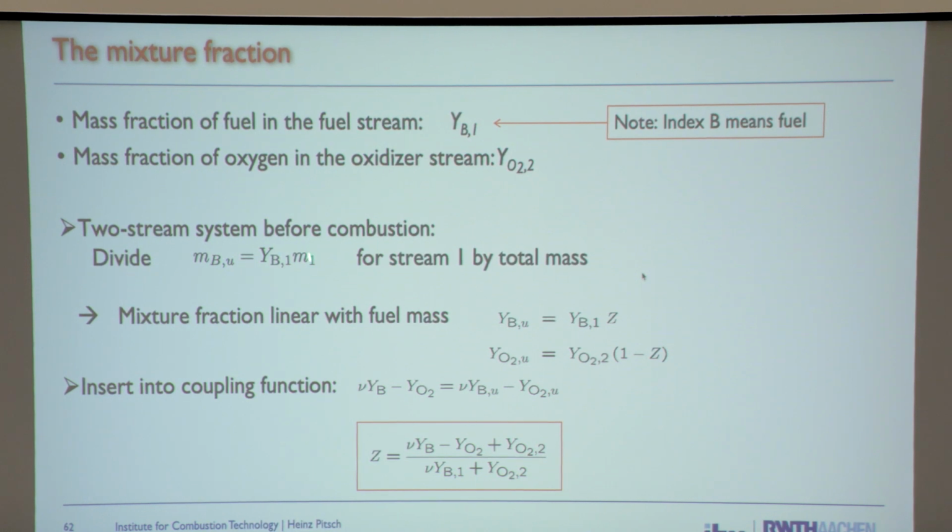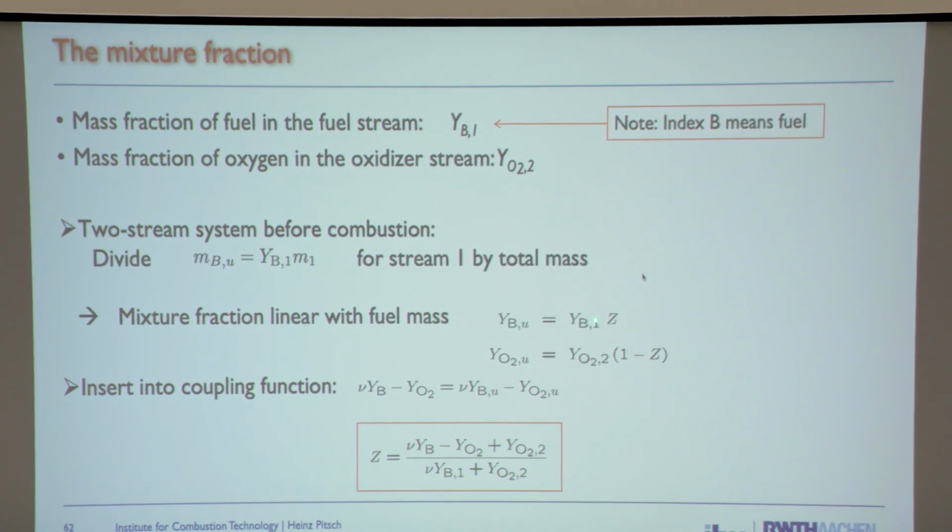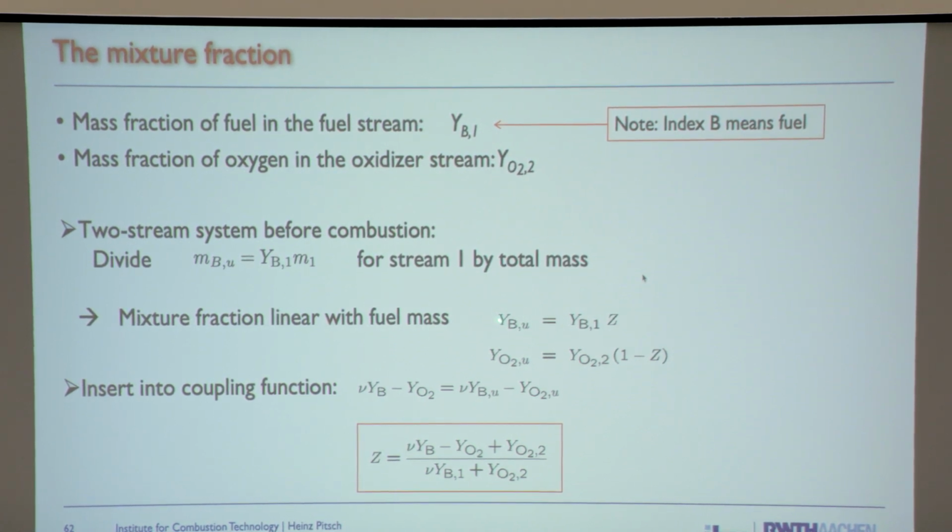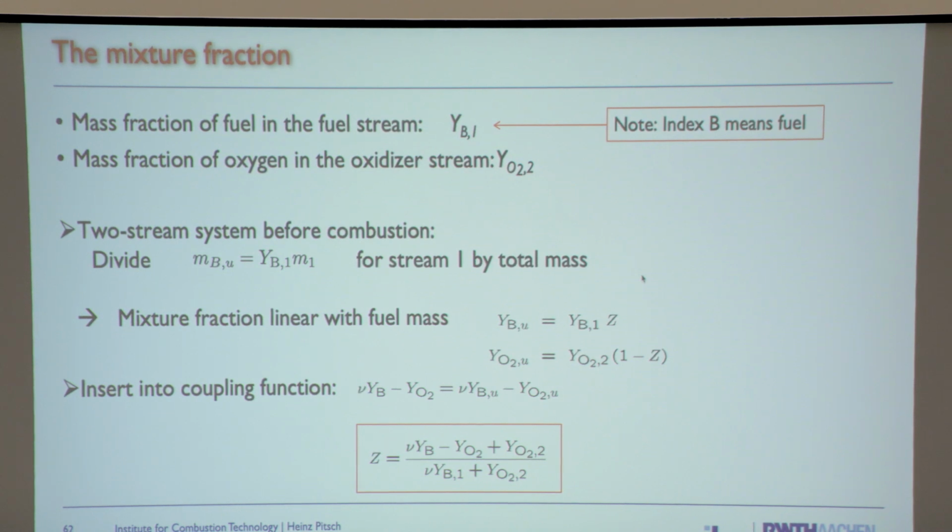On the right-hand side, M1 divided by the total mass is the mixture fraction. So this is the relation between the fuel in the unburned and the mixture fraction. And if I do the same thing here for oxygen, this is what I get, okay? And then this was the coupling function we had earlier.